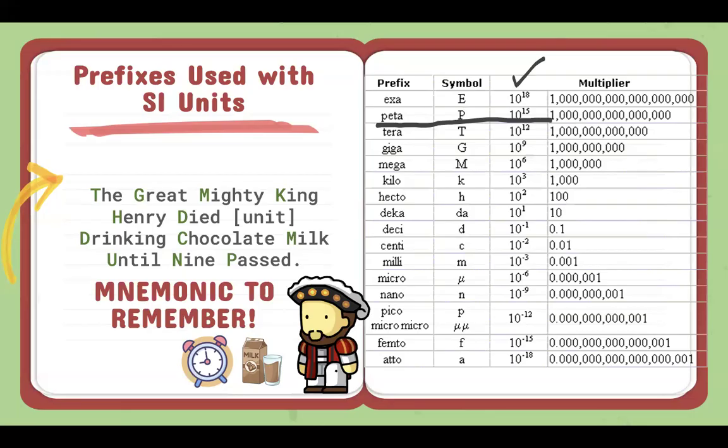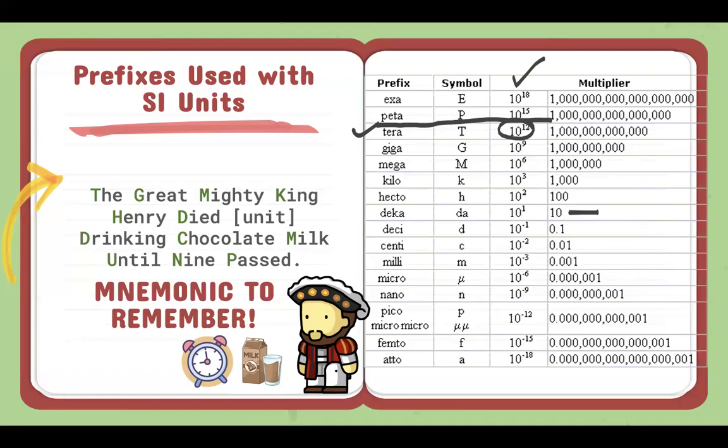It looks like the Potato Corner order. All right. So we'll start with tera. That's 10 to the 12, or we can say 1 trillion. Giga is 1 billion. Mega is 1 million. Kilo is 1,000. Then hecto is 100. Deca is 10. And we have deci.